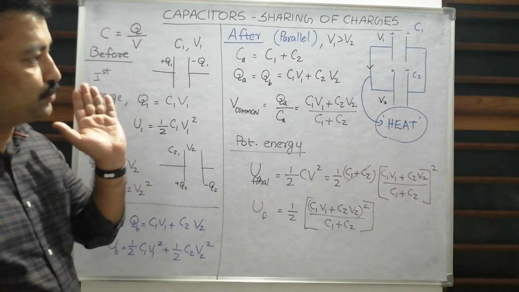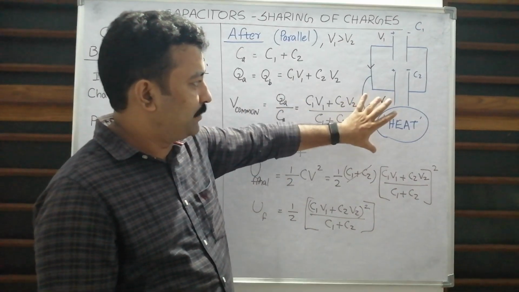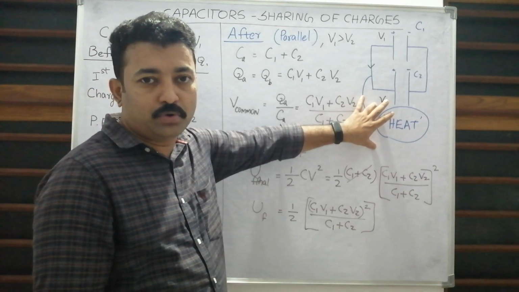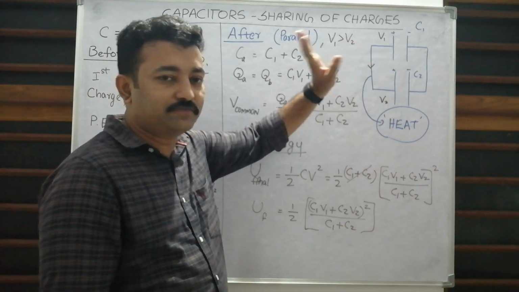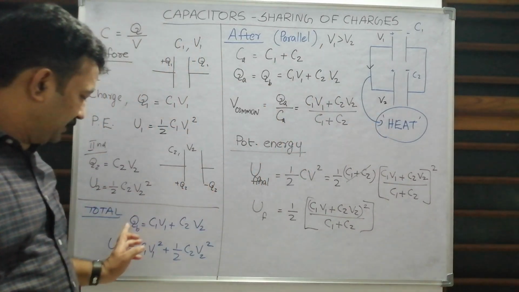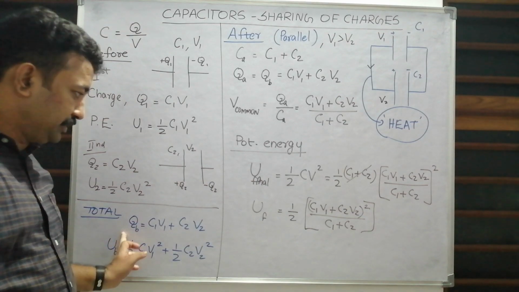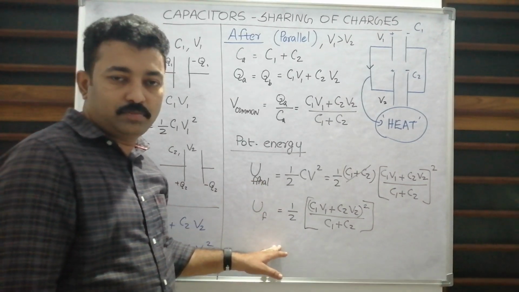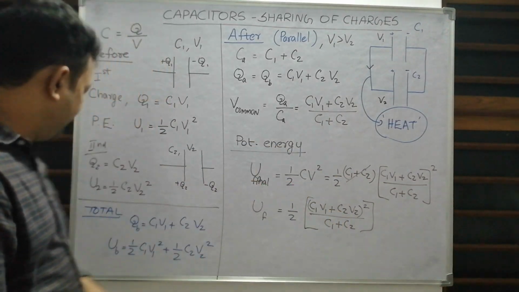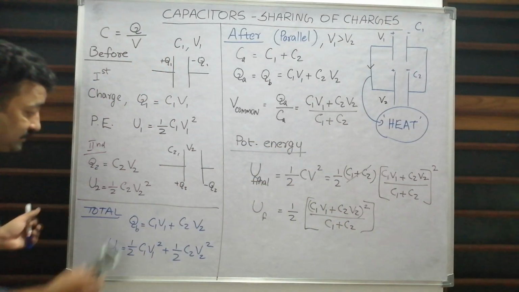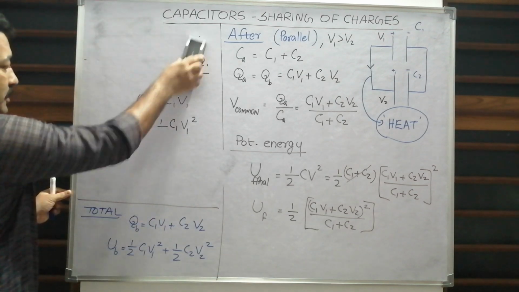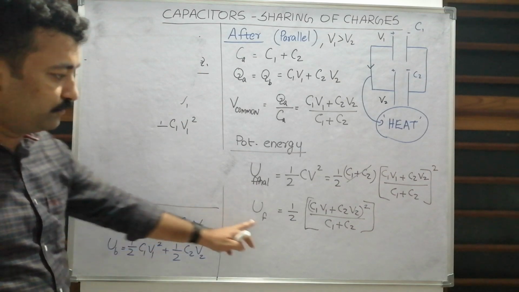So our aim is to quantitatively measure the amount of heat produced in the process of sharing of charges. That heat will be the difference of the potential energy initial and the potential energy final, because no external energy is given to the system. As per energy conservation, heat is a loss of energy, so it must have arisen from the initial to final difference.